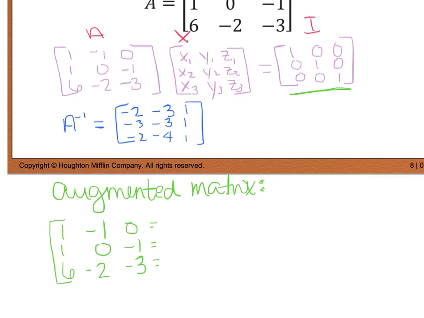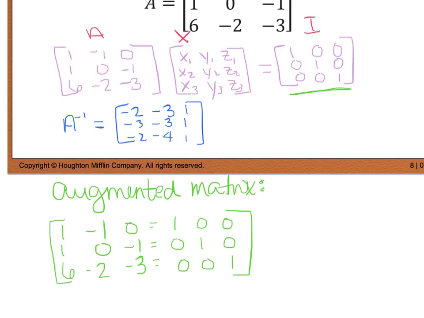So I have 1, 0, 0, 0, 1, 0, and 0, 0, 1. So this here would be the augmented matrix for my matrix A and my identity matrix.